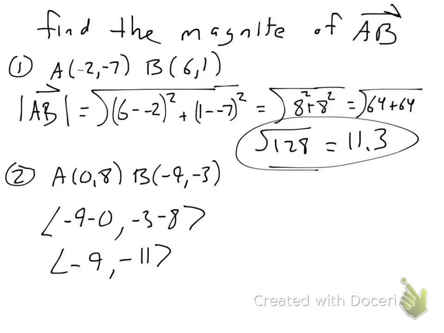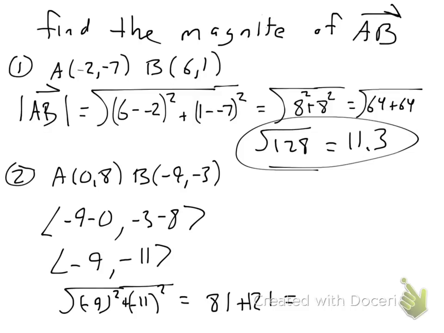And now all I have to do is take the square root of negative 9 squared plus negative 11 squared, which is 81 plus 121 with the square root, which equals a square root of 202, or approximately 14.2. Both times, it's not too bad.